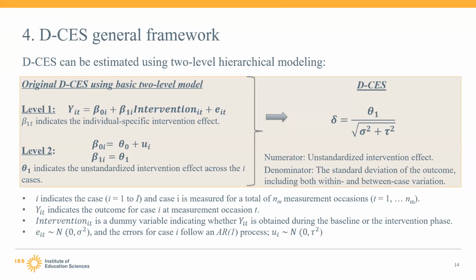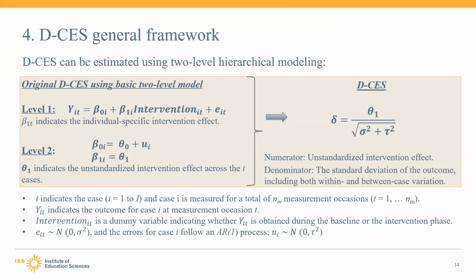Suppose that the single case design study includes a total of I cases, and I is equal to or larger than 3. And that case I is measured for a total of M measurement occasions.